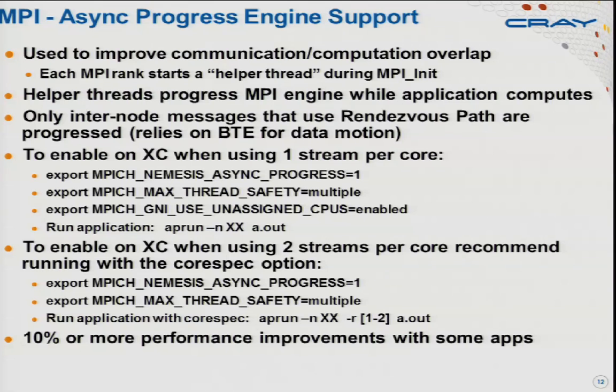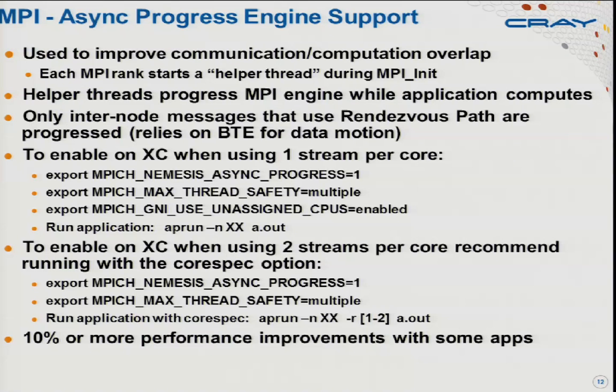We'll talk about what that means this afternoon, but it means it's got to be a substantial size. We're not talking single word. I think this is at least a couple kbytes or something like that. If it's smaller than a couple kbytes, it uses a different method, and overlap happens sort of anyway. So it only happens for some message sizes.